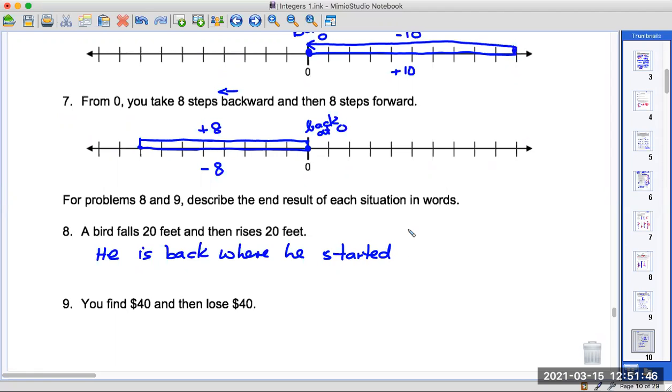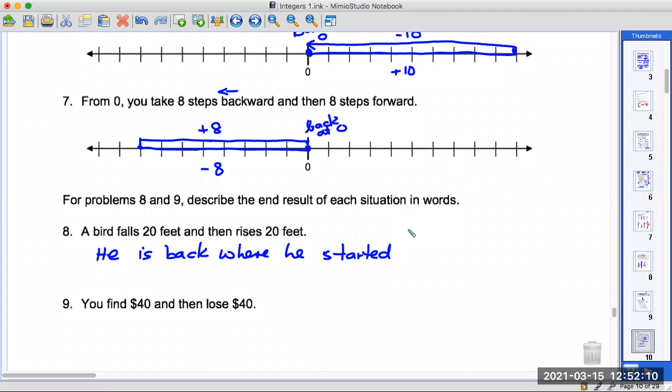So 0, if he was at 0 feet, how would you be able to fall down 20 feet? What would that 0 feet look like? The ground. Yeah, the ground is 0, but then how do you fall down 20 feet? There was a ditch or something. Like a ditch? Yeah, that would be the only thing, that there was a ditch, right?